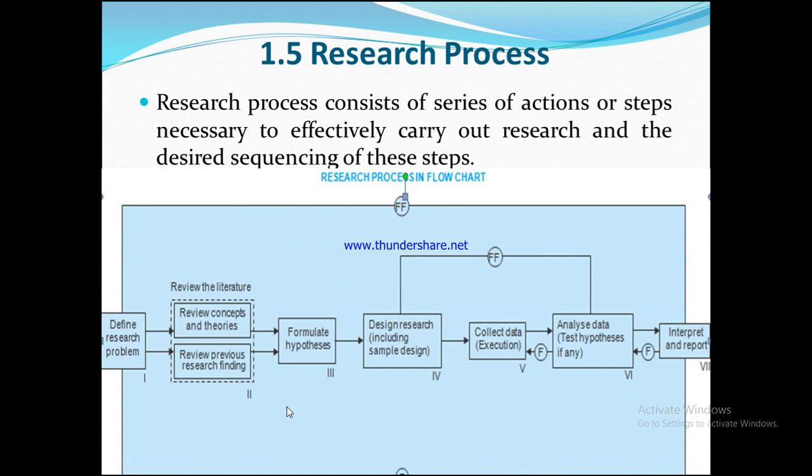It's better to see the second part, which is the research process: how research work is conducted. Here we have sequential steps. Firstly, the researcher tries to define the research problem.